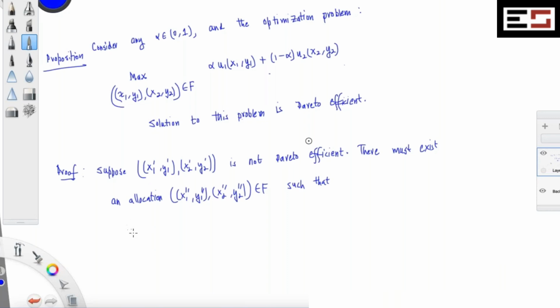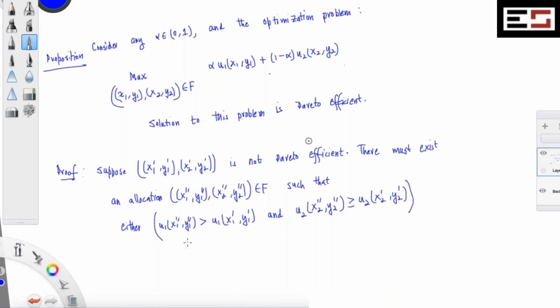This is how you can write it: either u1(x1'', y1'') is greater than u1(x1', y1') and u2(x2'', y2'') is greater than or equal to u2(x2', y2').